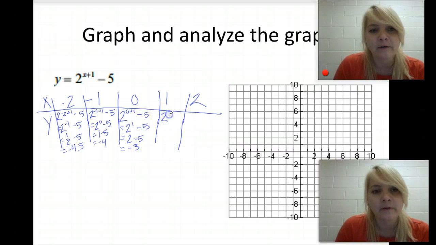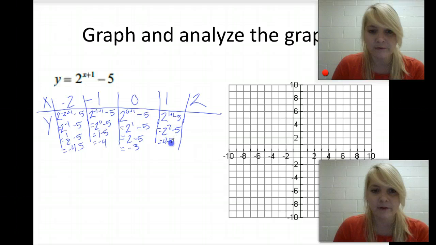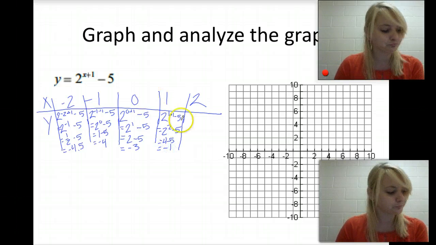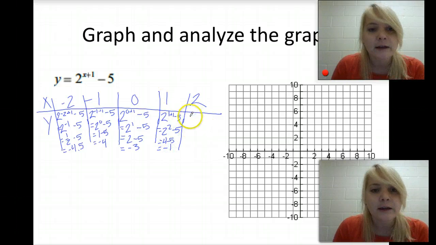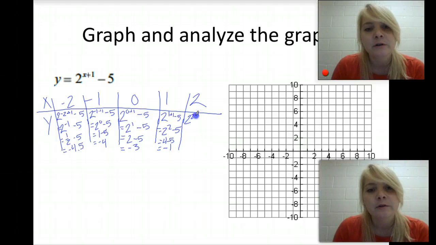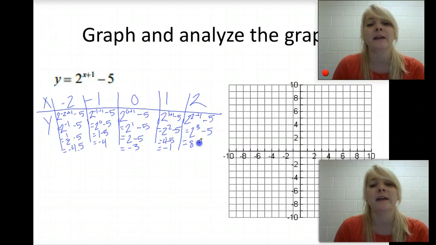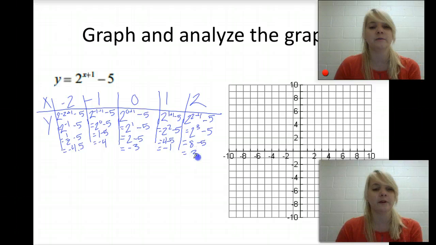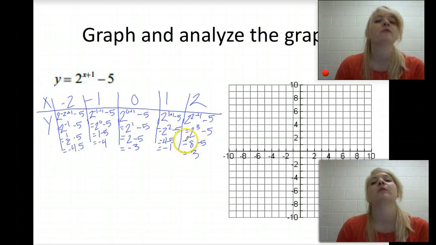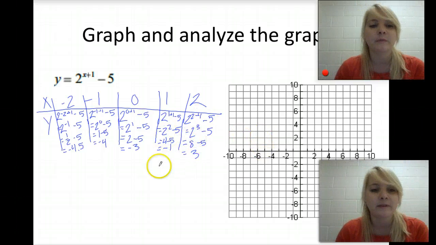And then 2 to the power of 1 plus 1 minus 5, which equals 2 to the power of 2 minus 5, which equals 4 minus 5, which equals -1. And then 2 to the power of 2 plus 1 minus 5, which equals 2 to the power of 3 minus 5, which equals 8 minus 5, which equals 3. So once again, you need to be very careful with PEMDAS, our order of operations, when we simplify.